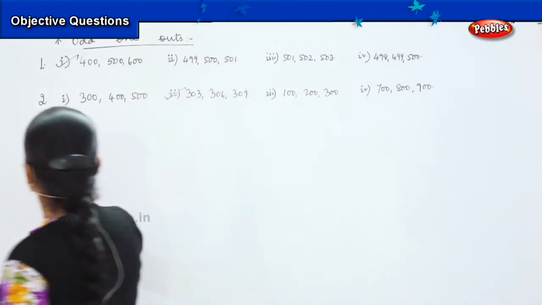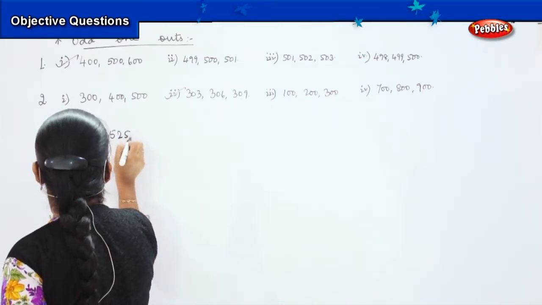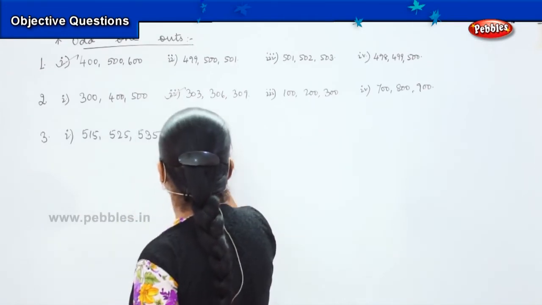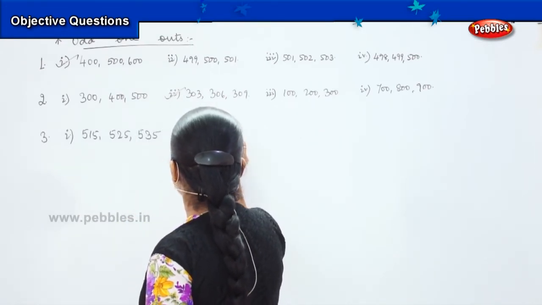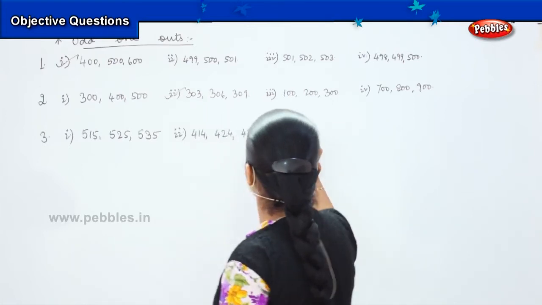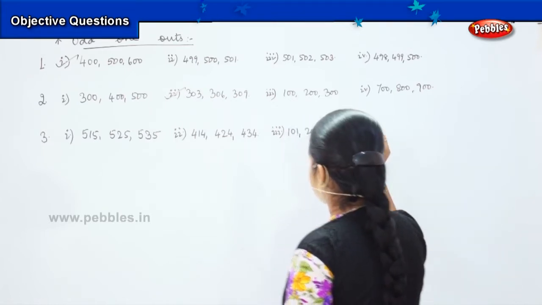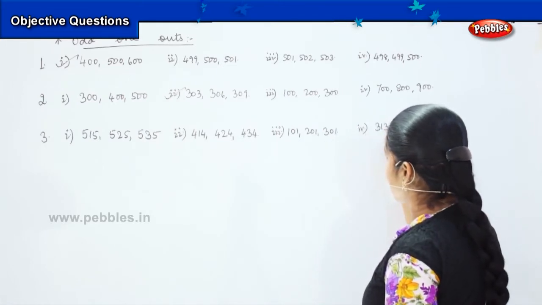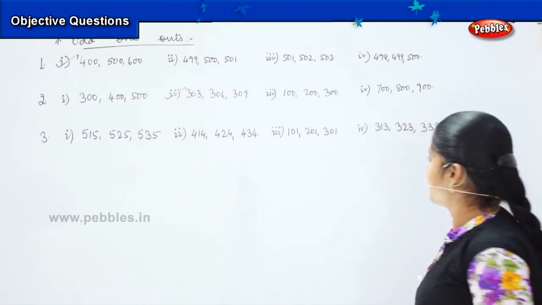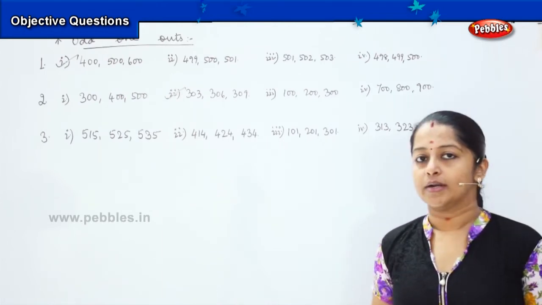Okay. So here is your next question. Okay, so this is your question, and can you tell me what is the odd one out in this given series?